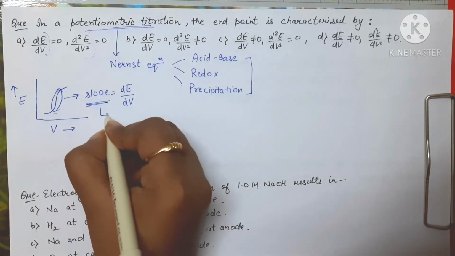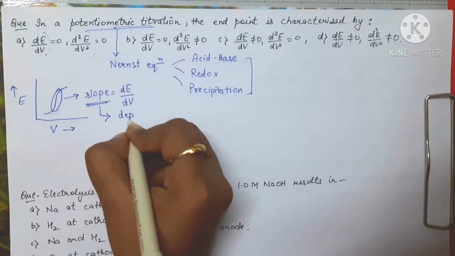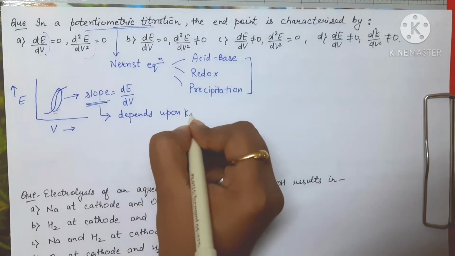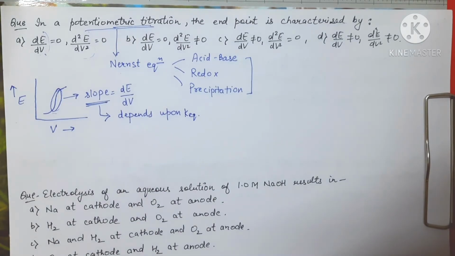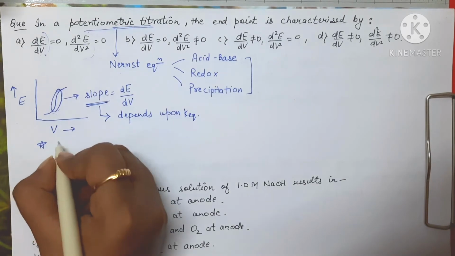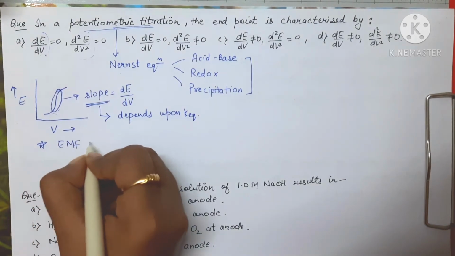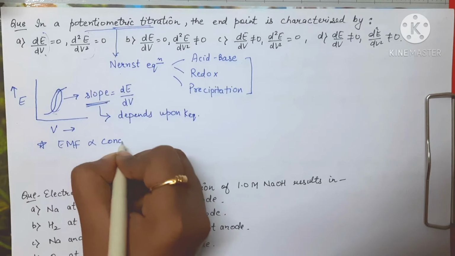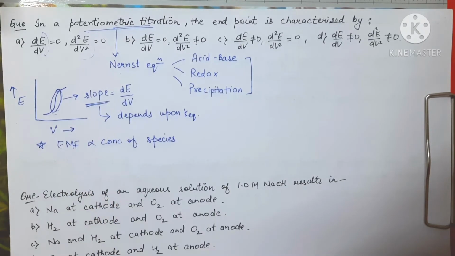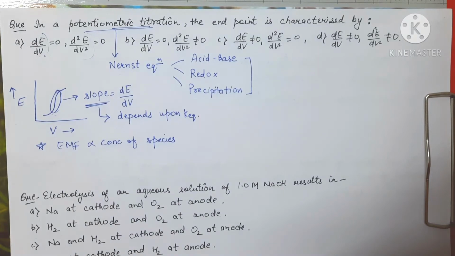And also this slope depends upon the equilibrium constant value, right? And one more thing which you should remember is that EMF of the cell is always proportional to the concentration of the active species, right? This gives us the EMF values.